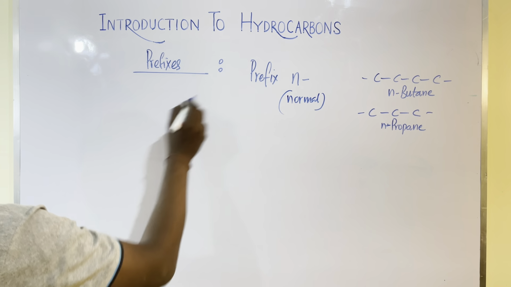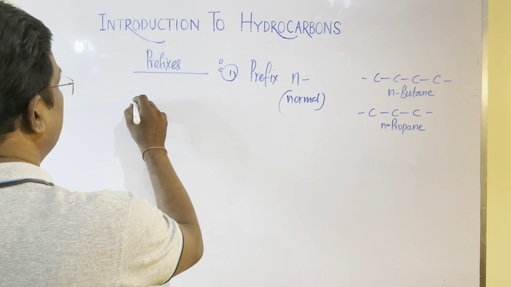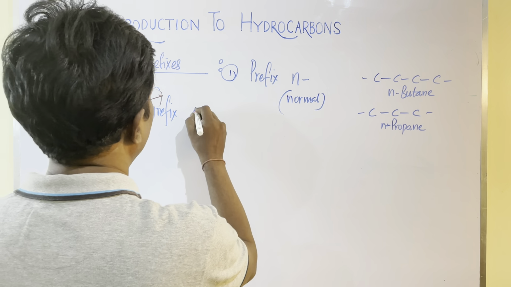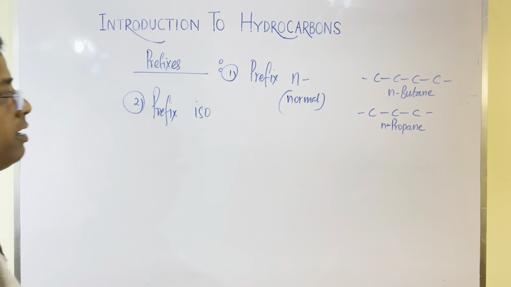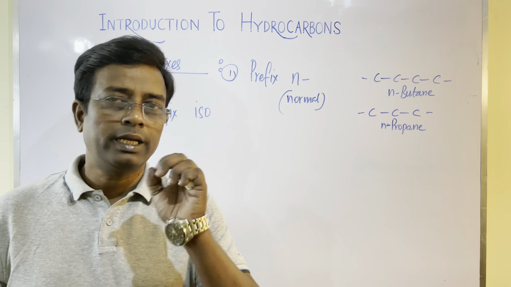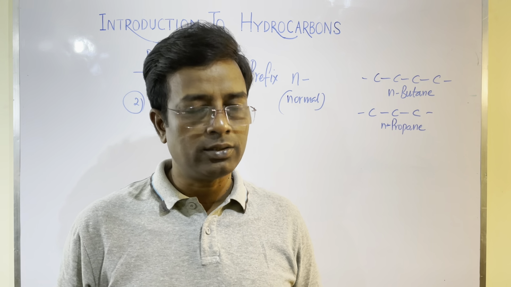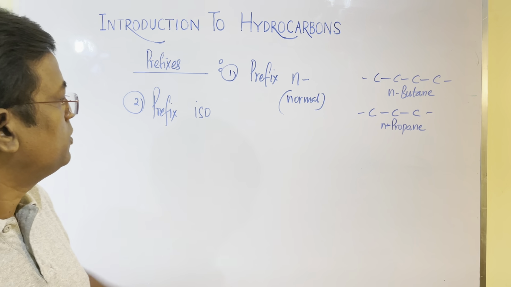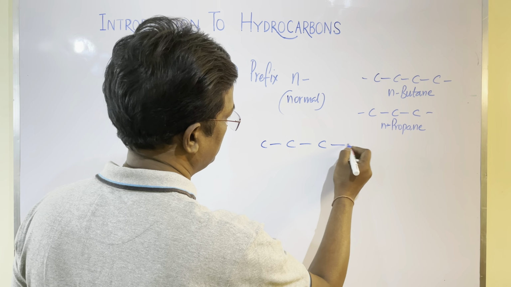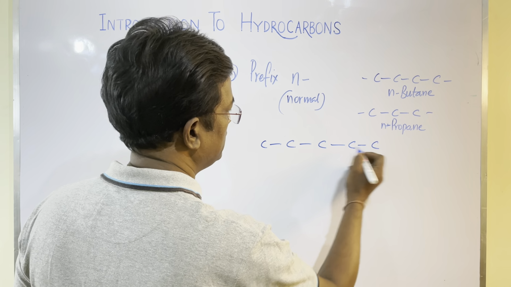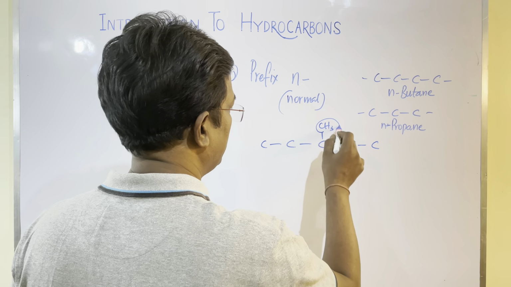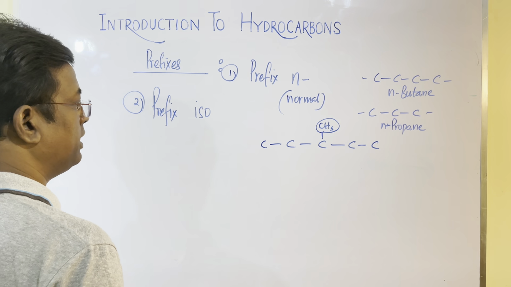Now this is one type of prefix. The second type of prefix is iso. When there is only one methyl group attached to the second last carbon in the longest chain, the iso prefix is used. C, another C here, let's suppose CH3. Only one methyl group is attached here, so it will be called iso.